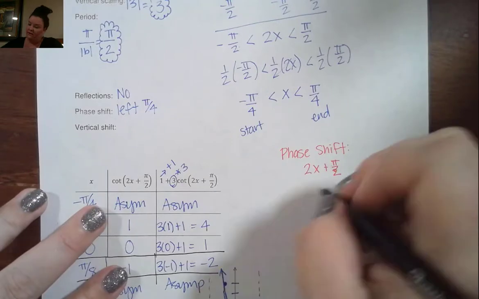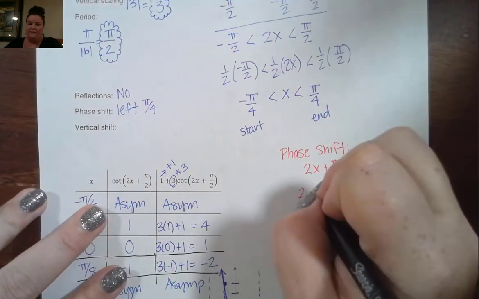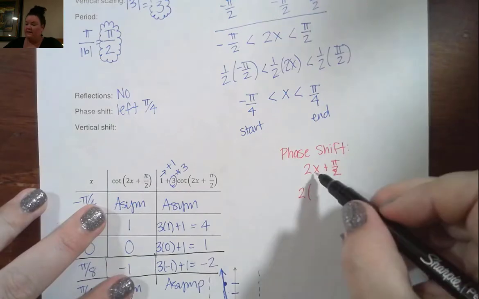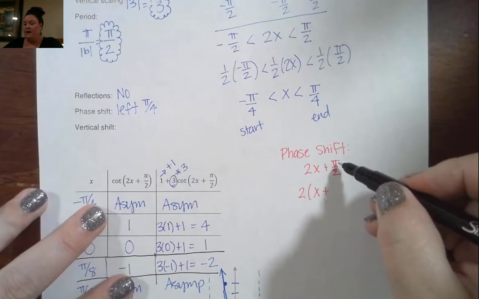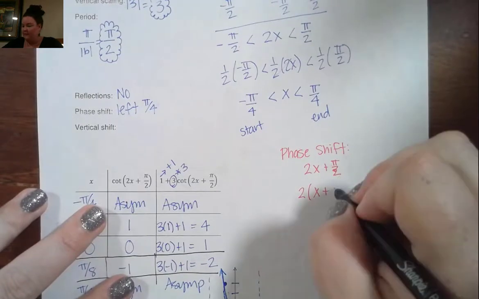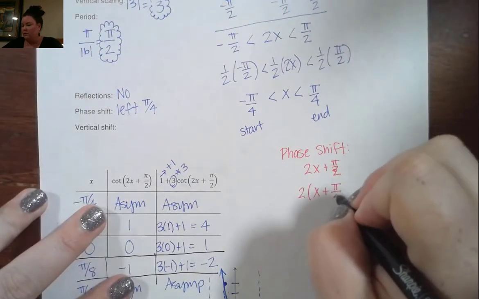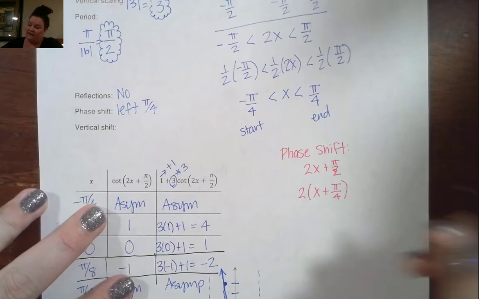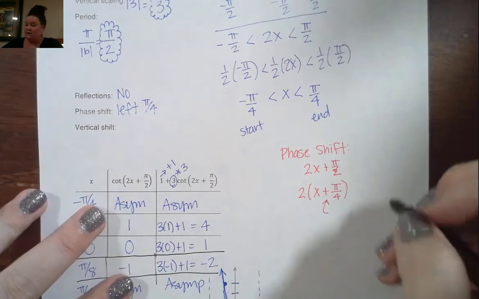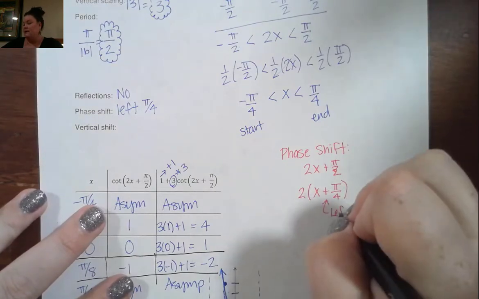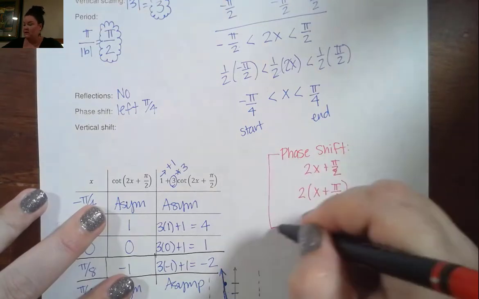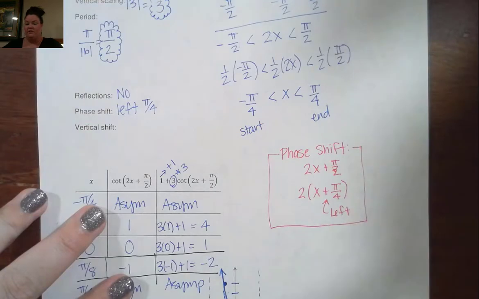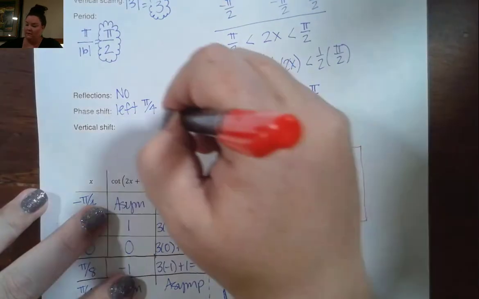So in other words, if I factor off that 2, if I divide this by 2, I'm left with an x. If I divide pi over 2 by 2, I'm left with pi over 4, right? And then I can see, because x's are backwards, this tells me that I'm going left pi over 4. Okay, so this is just another way to calculate that phase shift that we got here.